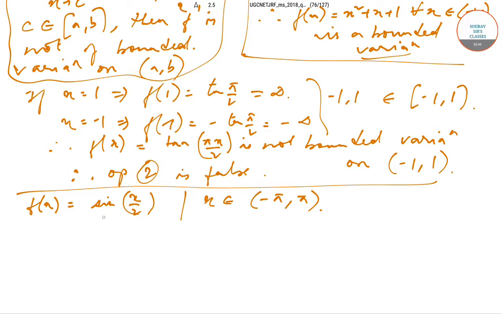So between minus pi to pi we always know that sine of x is continuous on minus pi to pi. This is our first thing.